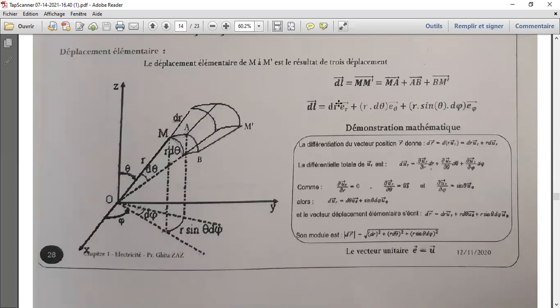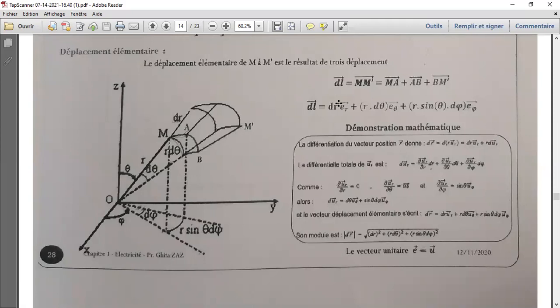For the surface area, the thing you should know is the formula of MM prime. If you know the formula of MM prime, you know that there's dr, r d theta, and r sin theta d phi. Each time they specify a constant, one of them has to be 0.